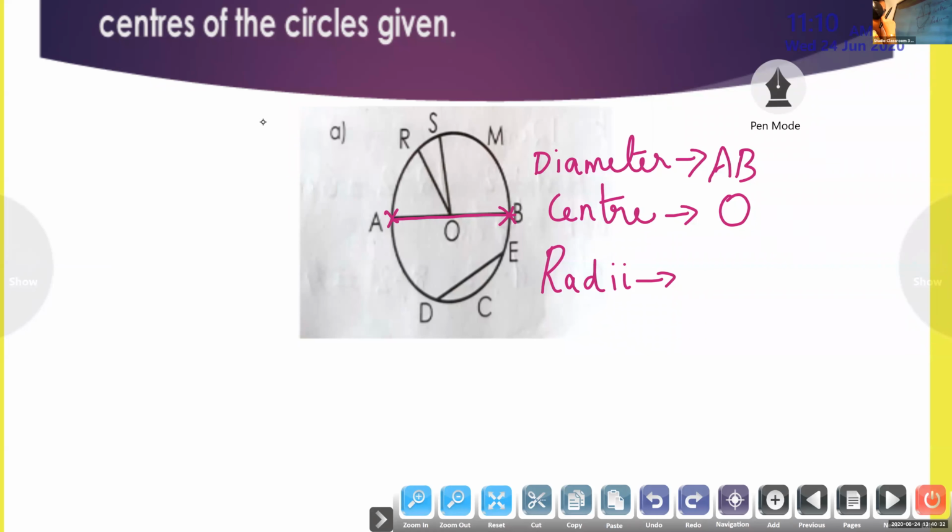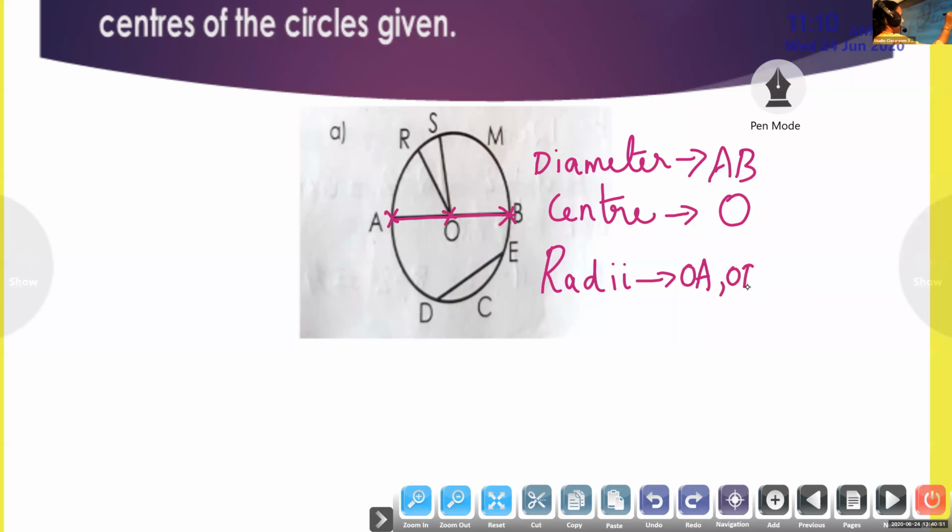Say the answer. Radii. O, starting from O. It's correct. Very good. Now tell me the line O, A. O, A. Very good. Only O, A? OB. O, B. Very good.